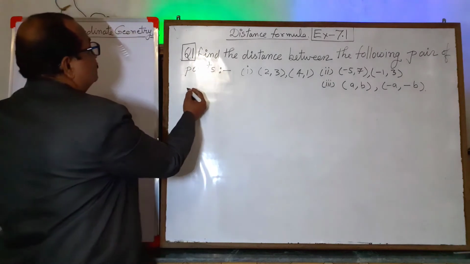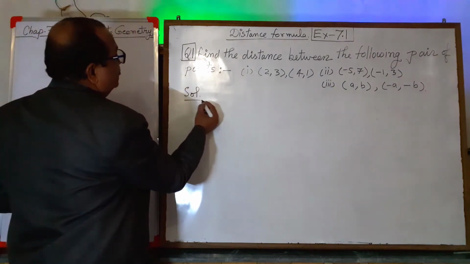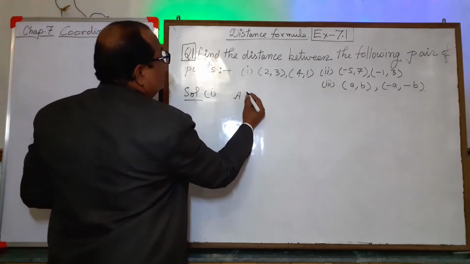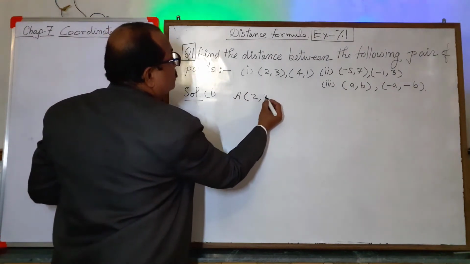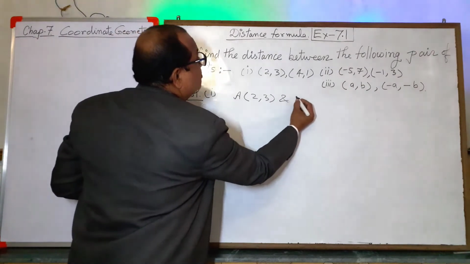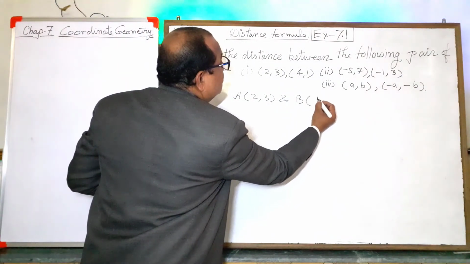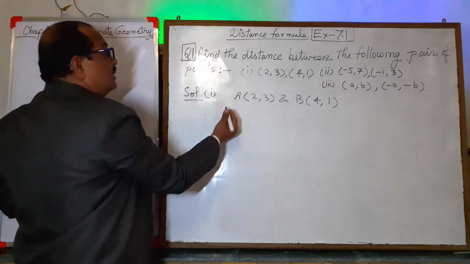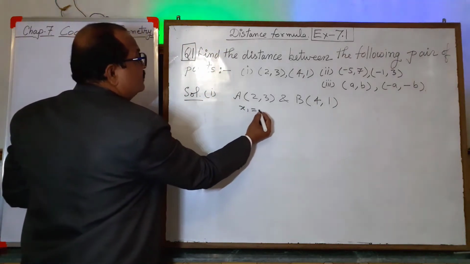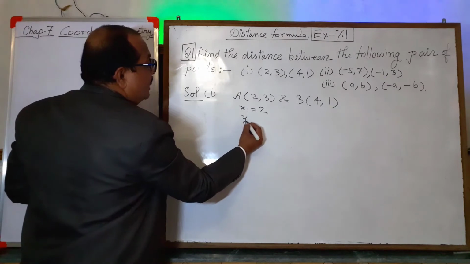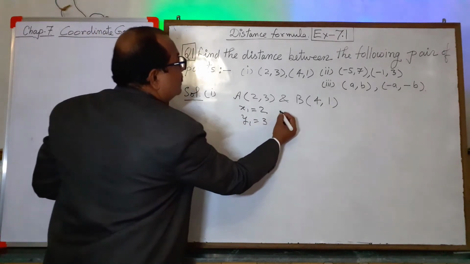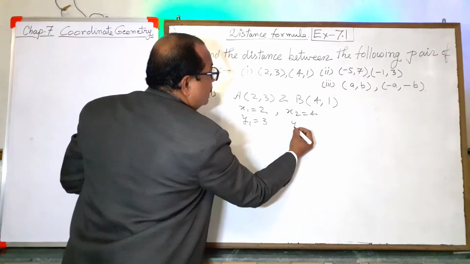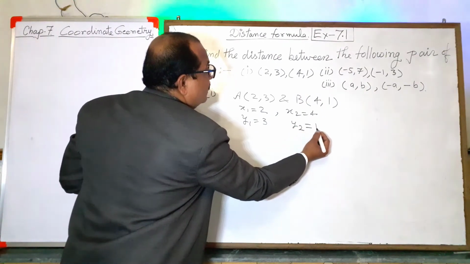Suppose students, we are getting the solution of its first part. So consider this point is A, its coordinates 2, 3, and another point is B, its coordinates 4, 1. So you can write the value of x1, 2, y1, 3. Here x2 will be 4 and y2 will be 1.